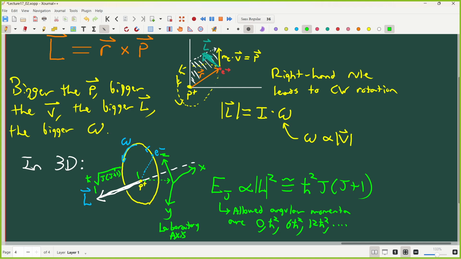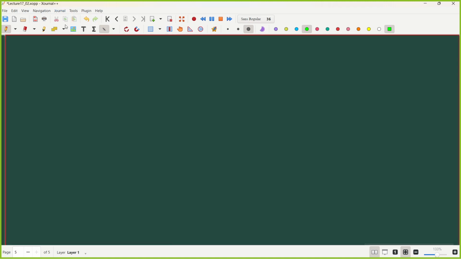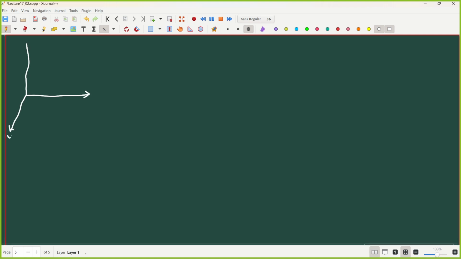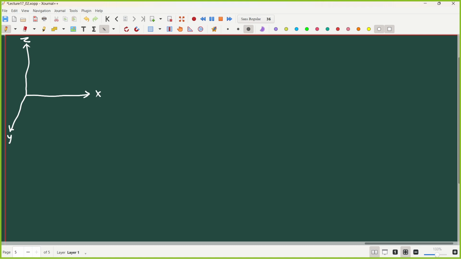And this is exactly where this other quantum number comes in. If I were to redraw my coordinate system again, I'm just going to recenter it. I'm just going to shift all of my angular momentum vectors so they start at the origin, which is a free translation.